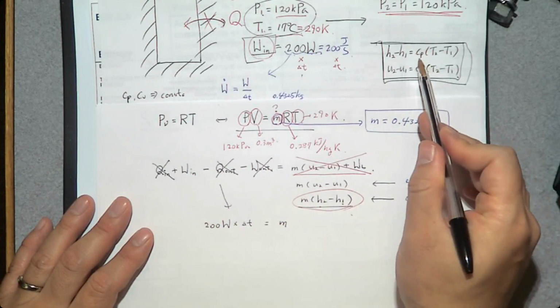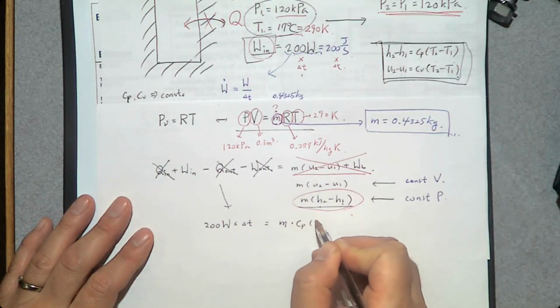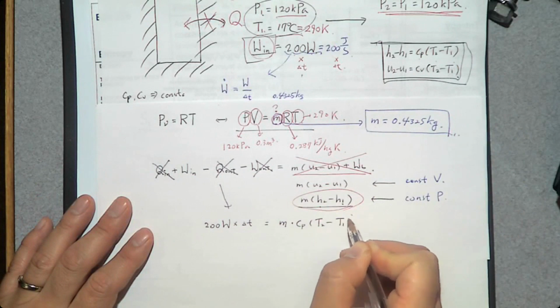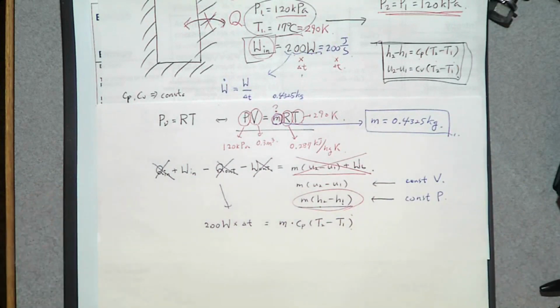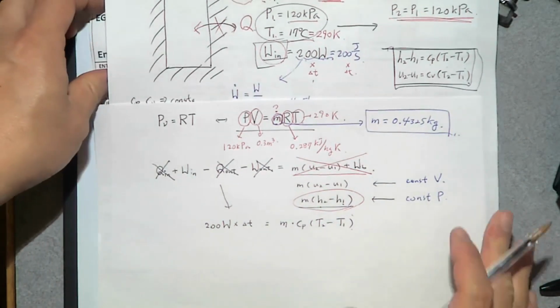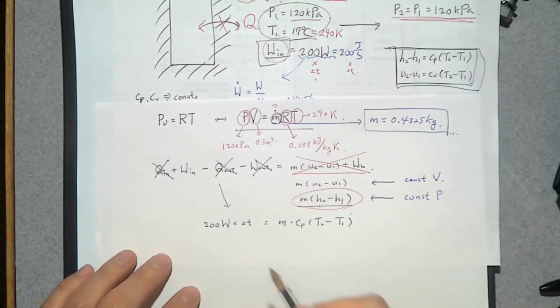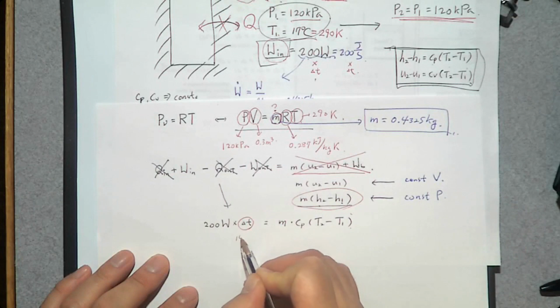That is, by the way, Cp times T2 minus T1. So we can say mass times Cp times T2 minus T1. Then delta T is 15 minutes.